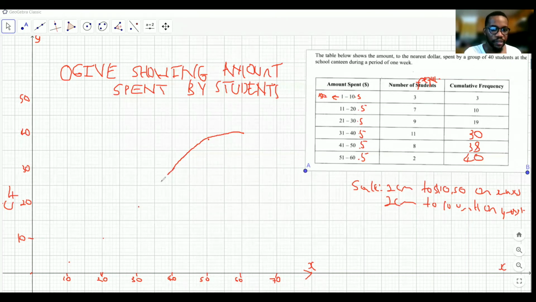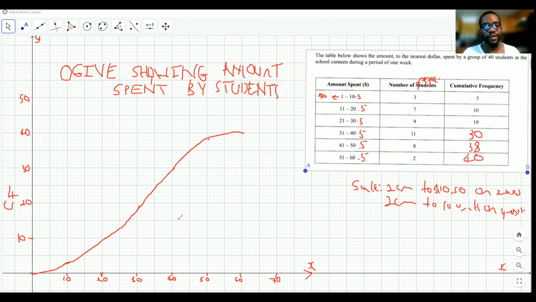As I said, since you're using graph paper, yours should be even smoother than mine. Let me erase this part right here. It was 20.5 to 10. The point is right there, going right down. And I'm going to pull this down right to 0.5 right there.